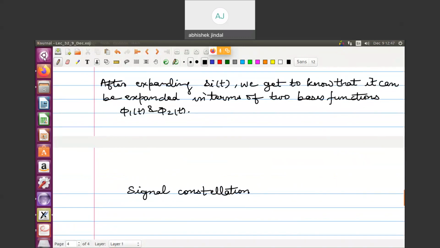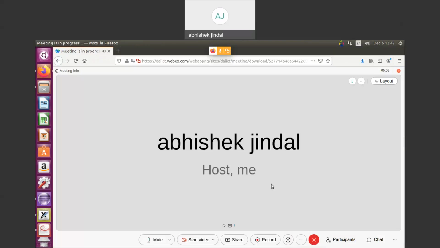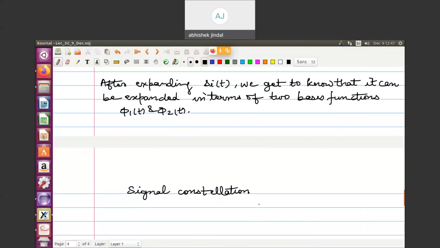The signal constellation is two dimensional, with M message points. And they are equally spaced.